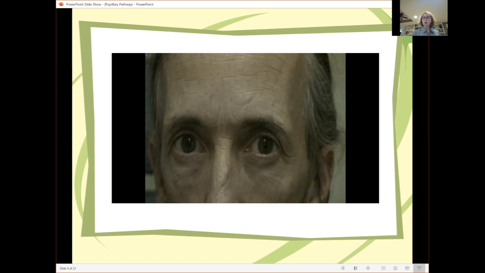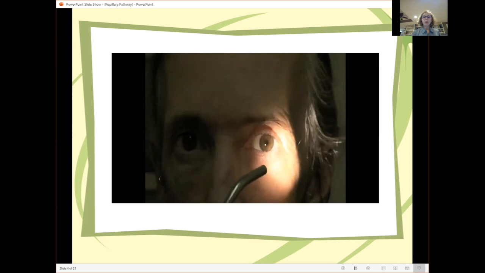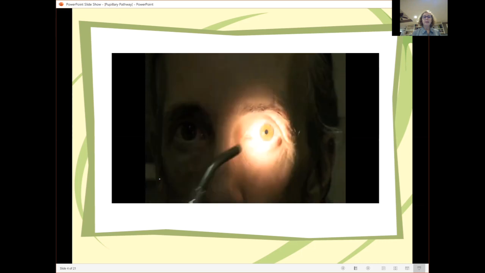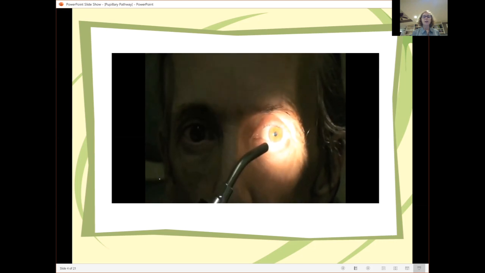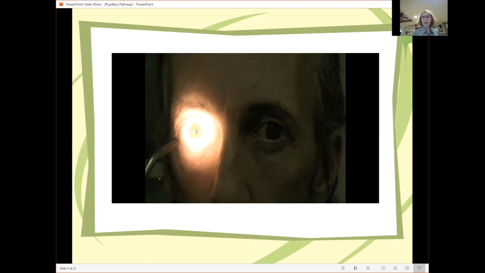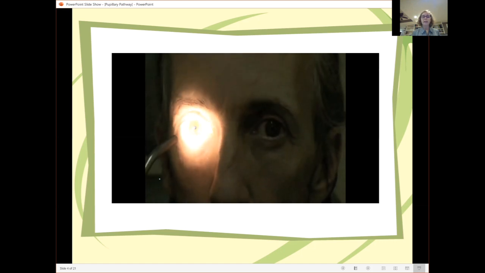And that's because both pupils are dilating when we shine a light in the left eye, and both pupils are constricting when we shine a light in the right eye. So here you'll see both pupils are constricting, the left eye dilates. The right eye constricts, the left eye dilates. So this is a grade 3 relative afferent pupillary defect.